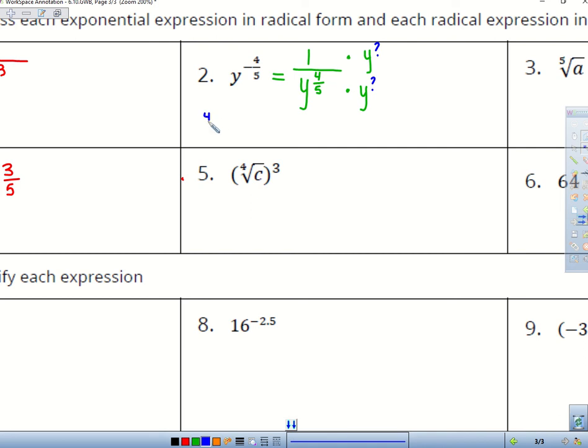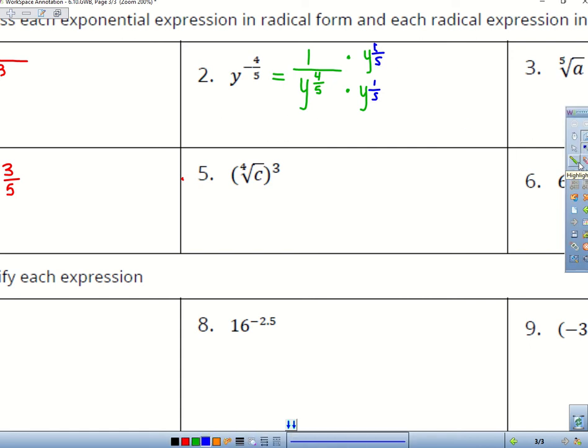So if I take 4/5 and add it to some number, I want that to come out to be 1, because you add the exponents when you're multiplying, okay. So any ideas on what I can add to 4/5 to get me to 1? 1/5. So we need to multiply the top and bottom by y to the 1/5.